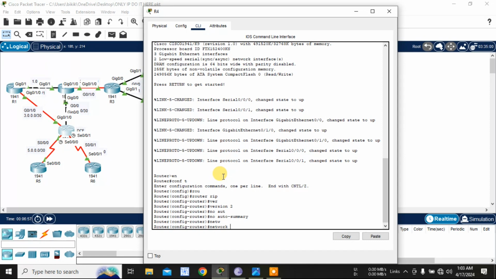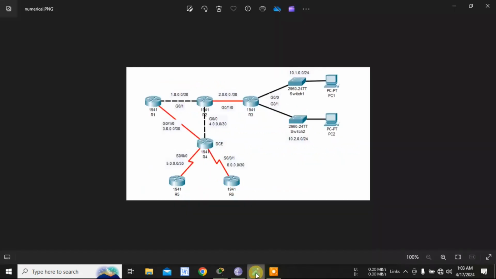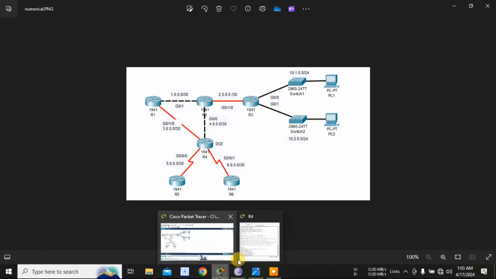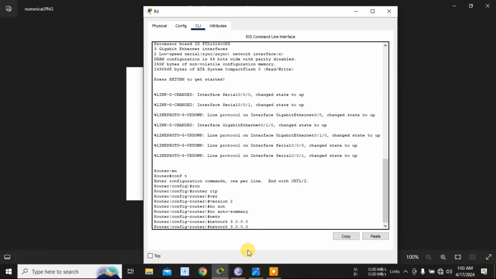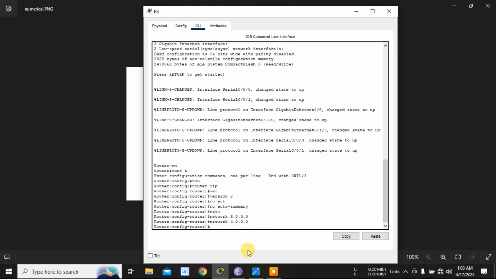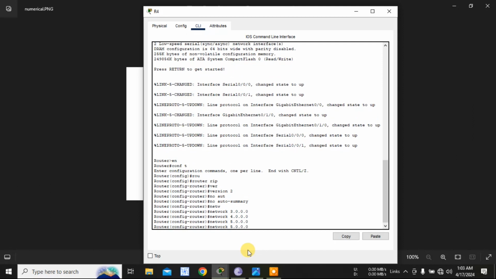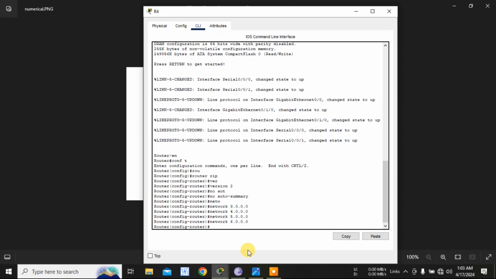In router number 4, the networks connected are 3, 4, 5 and 6, all are connected. So 3, 4, 5, 6 are connected. Done for router number 4.